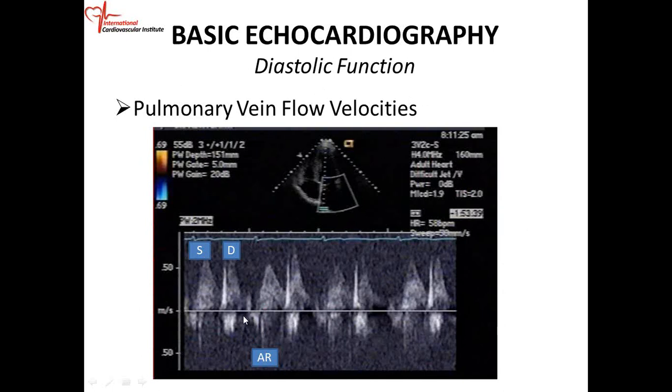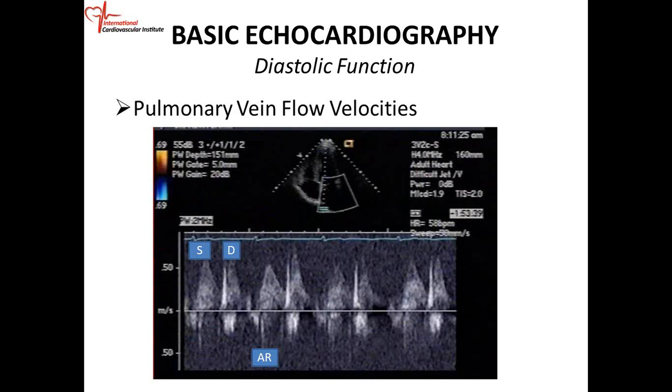Okay, and for diastolic dysfunction, the more severe the diastolic dysfunction, the systolic component is going to get less and less and less, and then your atrial reversal velocity is going to get greater. The duration and velocity will get greater.